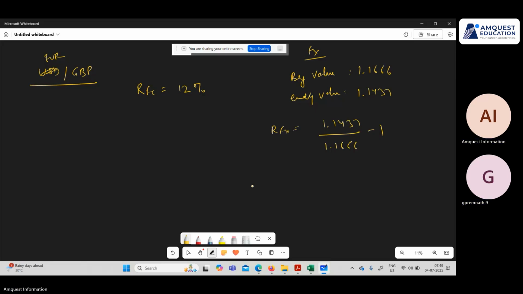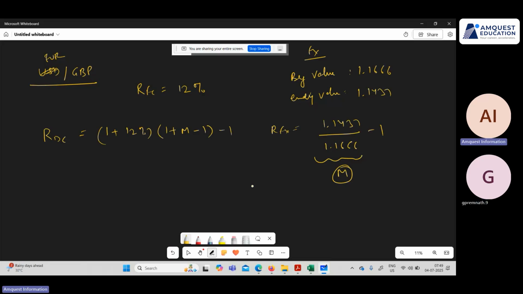Okay. Then can I also say that my RDC is given by 1 plus 12% and then 1 plus RFX, minus 1?